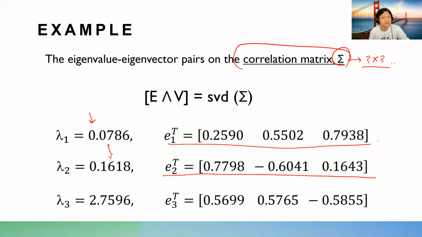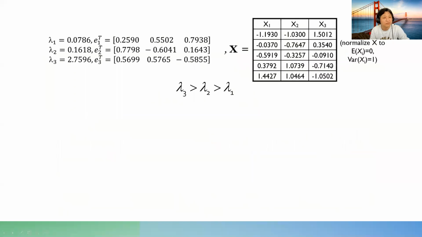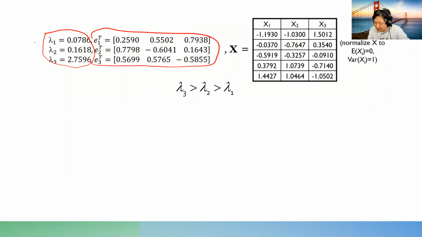Okay, so far so good. Okay, so first, we just found the 3 eigenvalues and 3 eigenvectors, right? So among 3 eigenvalues, which eigenvalue is the largest? The first one, right? This is 2.76, and the second eigenvalue 0.16, and the third eigenvalue 0.08.